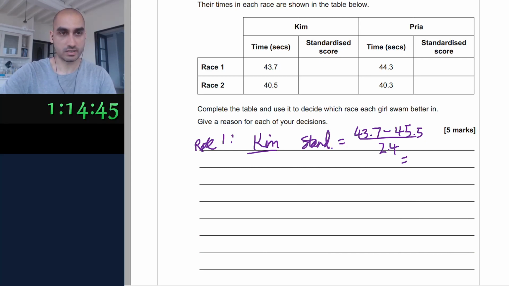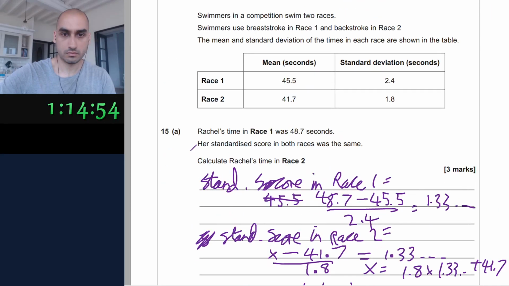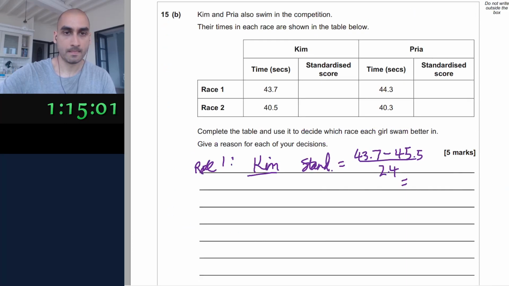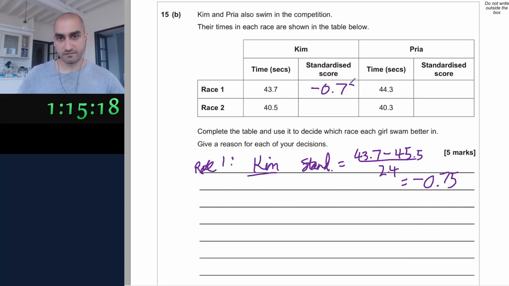We'll just use the template I had before. Minus 0.75. Okay, yeah, that sounds about right. Minus 0.75.